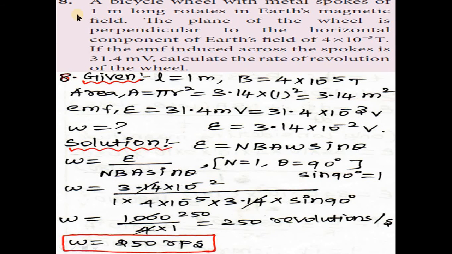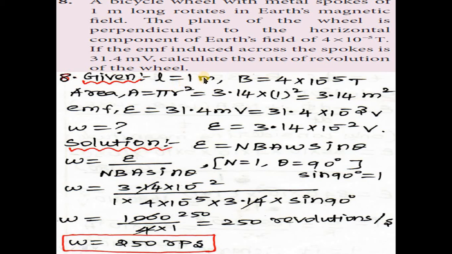The next problem, eighth problem: a bicycle wheel with metal spokes of 1 meter long rotates in Earth's magnetic field. The plane of the wheel is perpendicular to the horizontal component of earth field of 4 into 10 power minus 5 Tesla. If the EMF induced across the spokes is 31.4 millivolt, calculate the rate of revolution of the wheel.